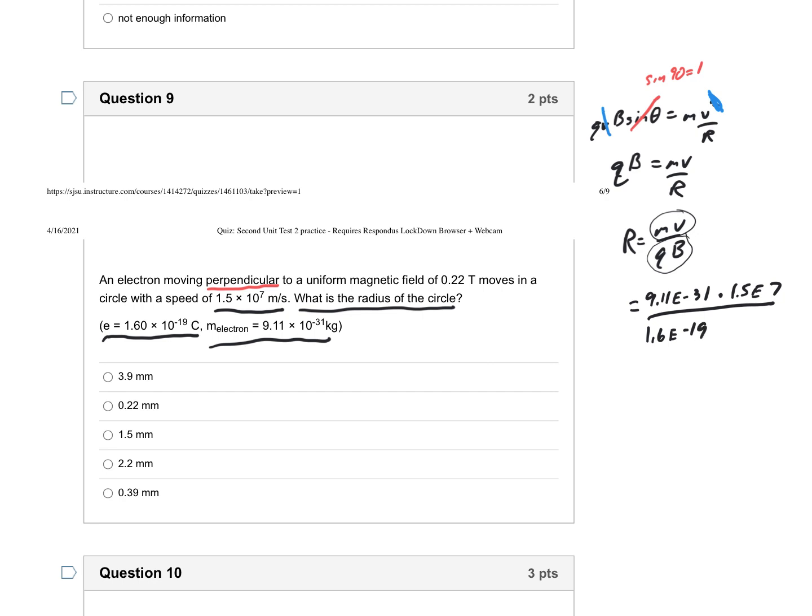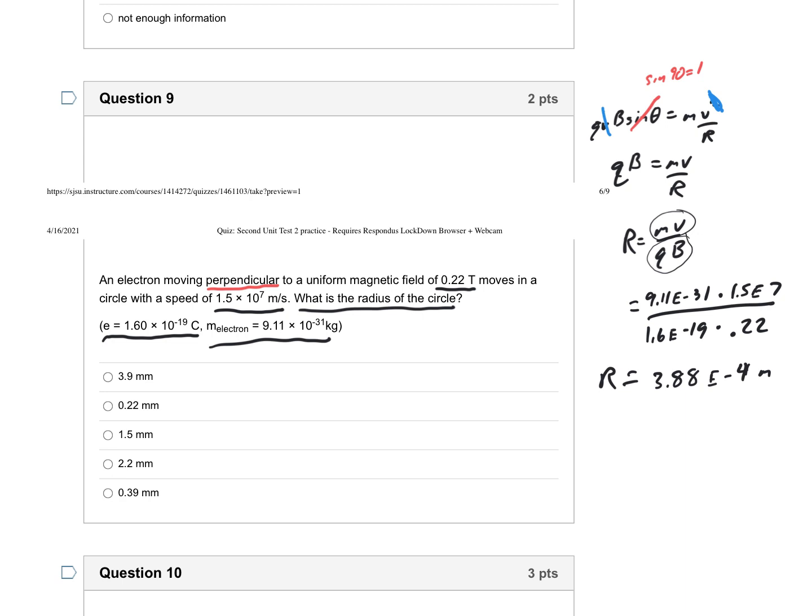And lastly, the magnetic field is 0.22 Tesla. Putting all that in the calculator gives me 3.88 e negative 4 meters for our radius.